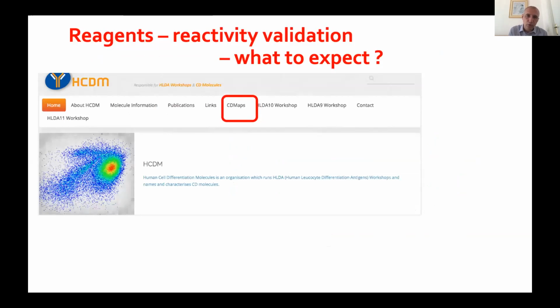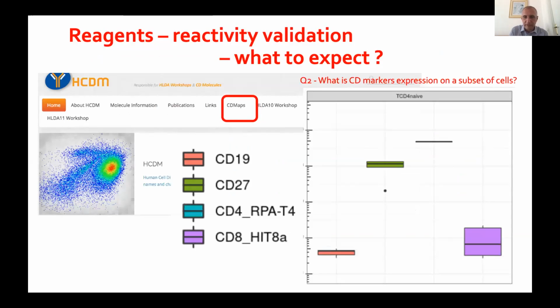If you don't know what to expect, you can consult this resource on our HCDM website, CDMaps, which we have developed recently, and where you can find how positive or negative different markers are at different subsets. So here I chose CD4 T cells, naive CD4 T cells, and I show that they are negative for CD19 and CD8.